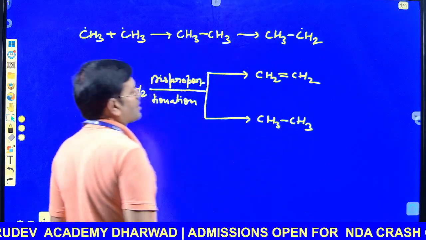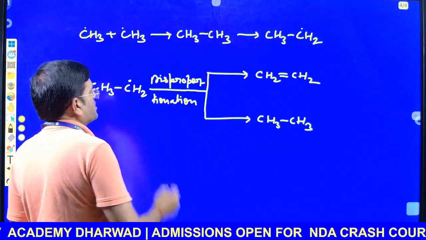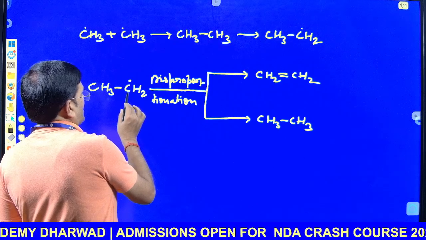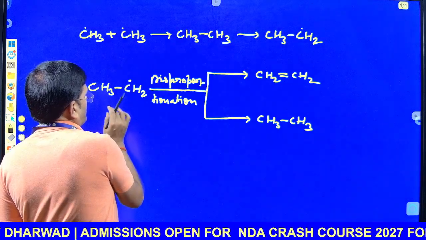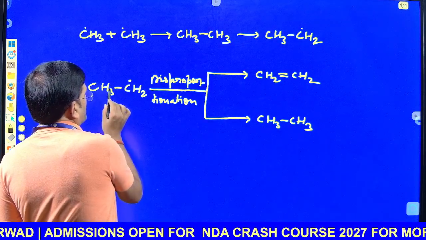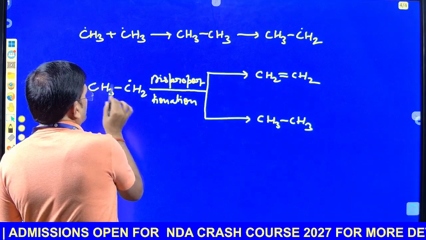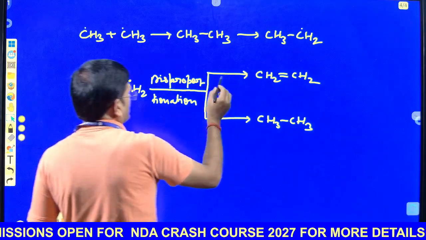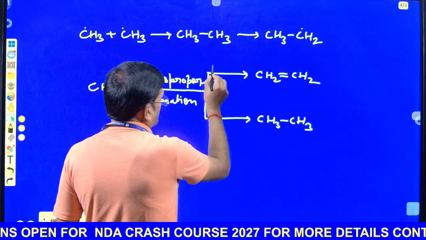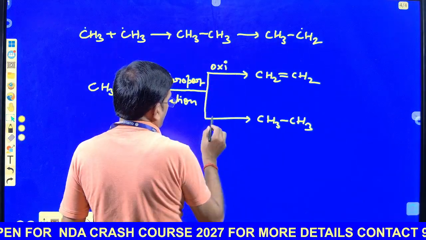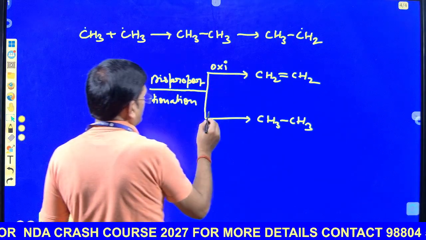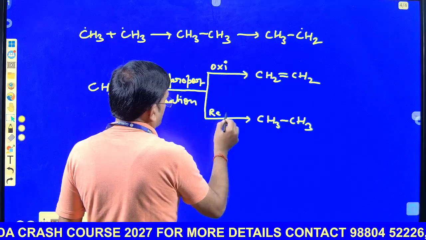So all these are obtained in the chain termination step. See, from here if you just remove one hydrogen, one dot will come here, so this is going to combine to give ethene. So here loss of hydrogen means oxidation, and here gain of hydrogen is taking place, so it is what? A reduction.